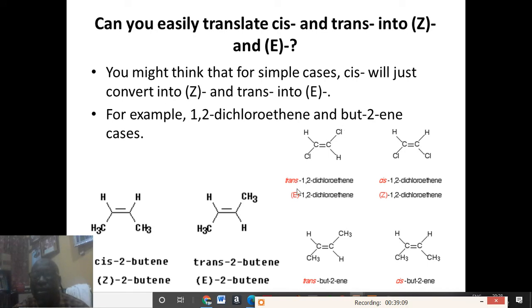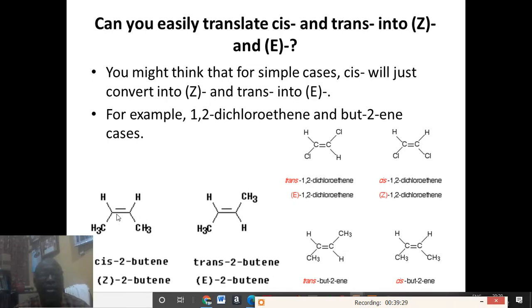So this is trans, this is E. Here also, you have cis and Z because the chlorines are on the same side. Is it always true that trans is equal to E and cis is equal to Z? We shall see very soon.